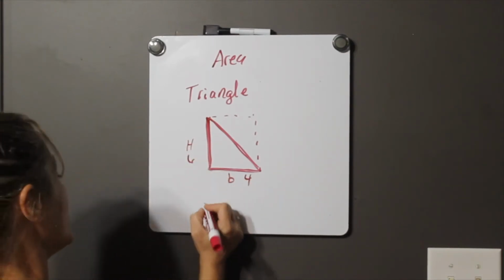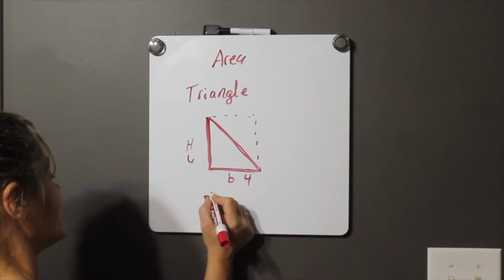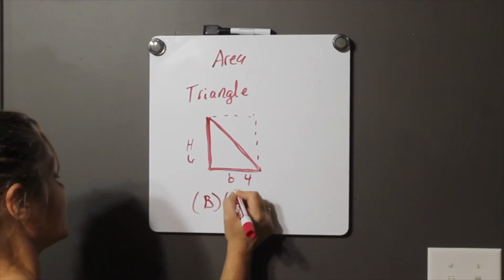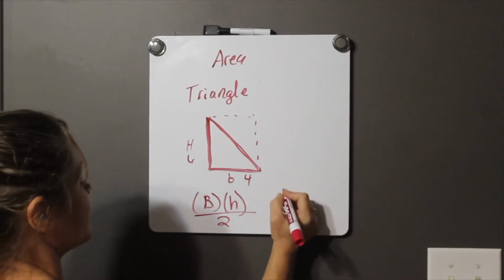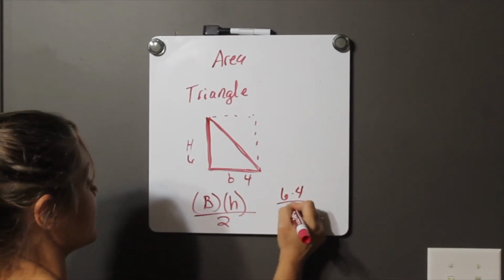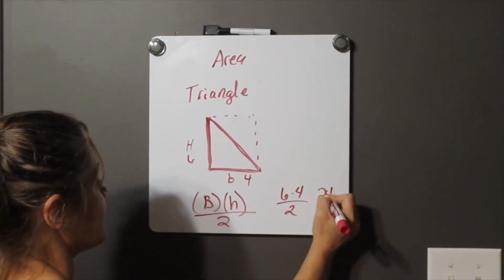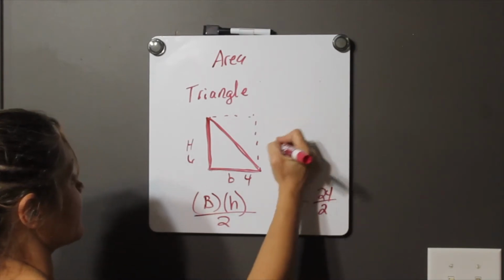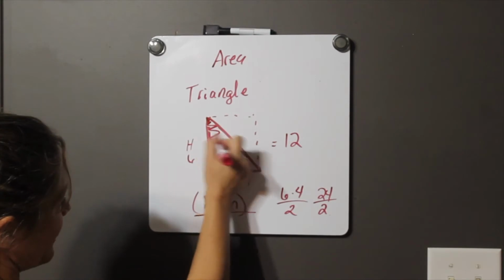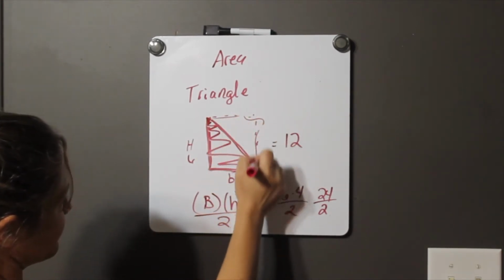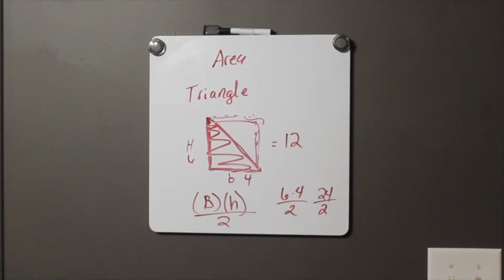You would say base times height divided by 2. So 6 times 4 divided by 2, and 6 times 4 is 24 divided by 2. This would be 12. We divide by 2 because we only want half of it. We're not counting this imaginary half.